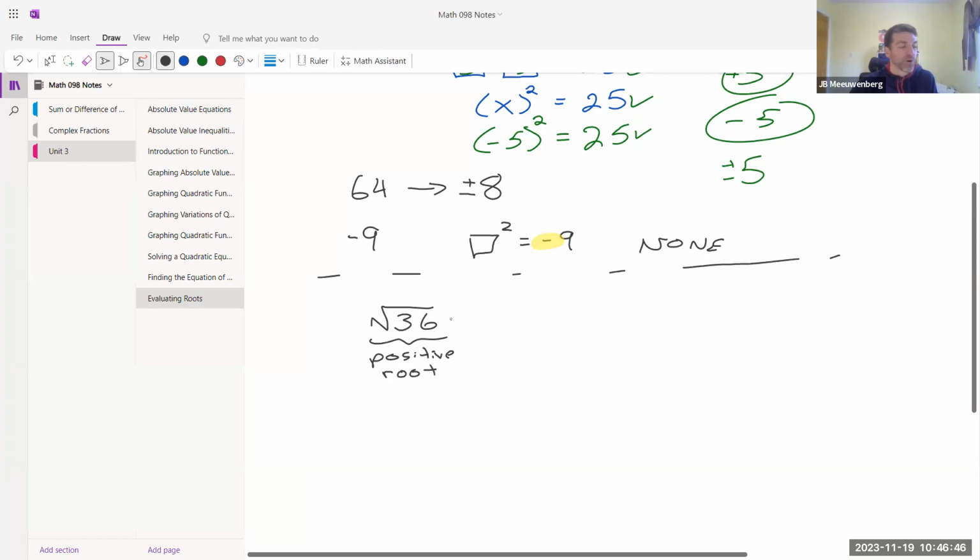So we would say the square root of 36 is 6. The only way that that would be different is if there is the plus and minus sign out in front of it. Plus and minus, positive and negative square root of 100. So we would say that would be both positive and negative 10. But if you see the radical symbol all by itself, that's implying just the positive version.